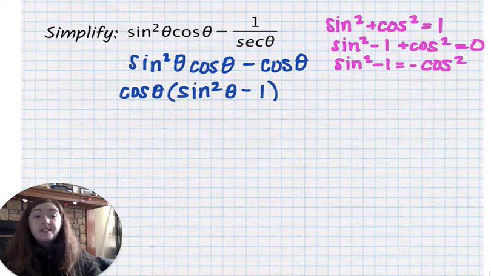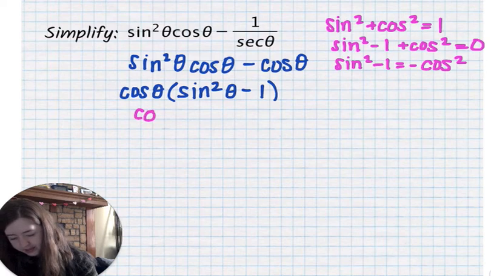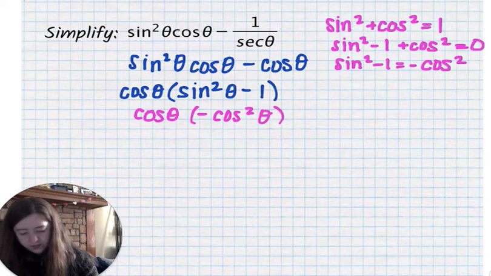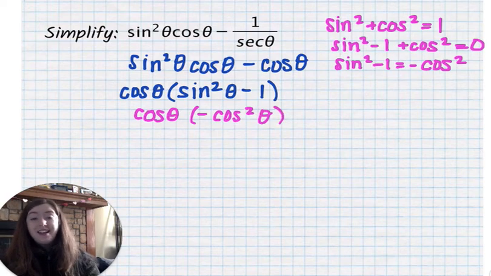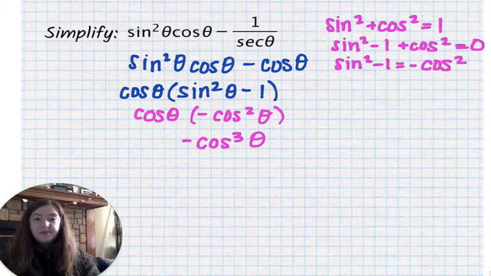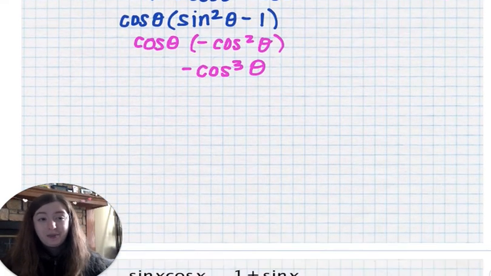So I know sine squared minus 1 is equal to negative cosine squared. So I'll replace it in. And then cosine times negative cosine squared is just negative cosine cubed. Awesome. Okay, this next one is super, super beefy.